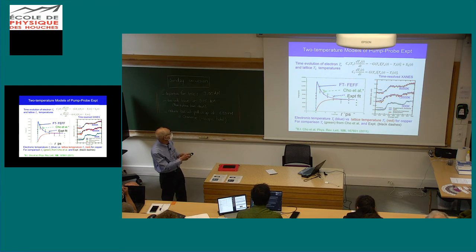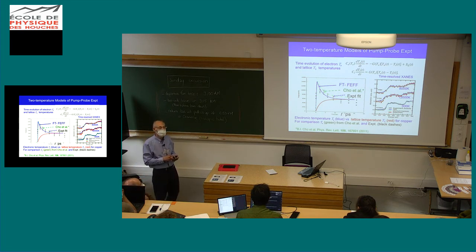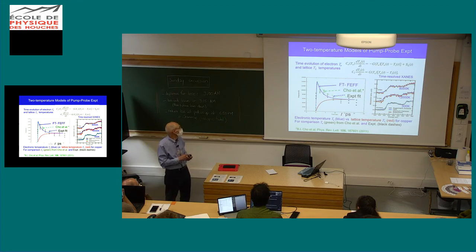This green curve was work done by David Prendergast and his students. And the blue curve is the finite temperature FEFF, and then their experiments. So it seems to be in fairly good agreement with the time-resolved near-edge calculations.